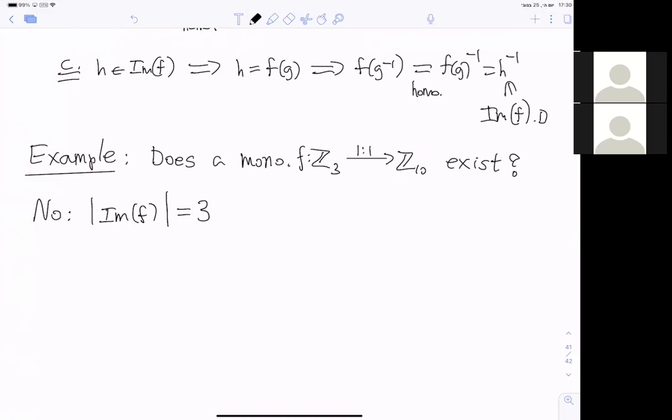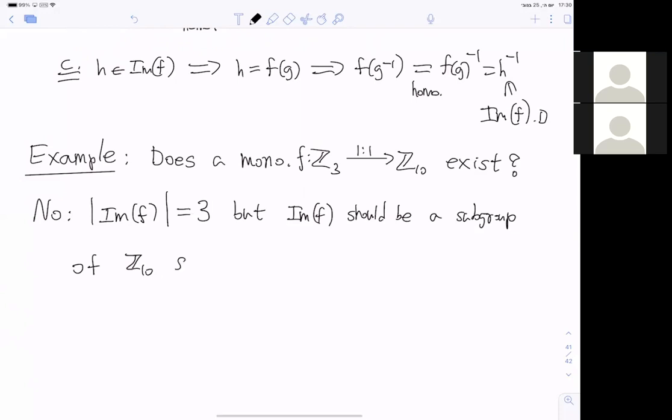Okay, but the image of f should be a subgroup of Z10.